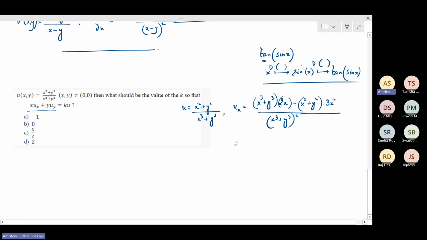So this turns out to be equal to 2x cubed plus 2xy cubed minus 3x cubed minus 3x squared y squared.